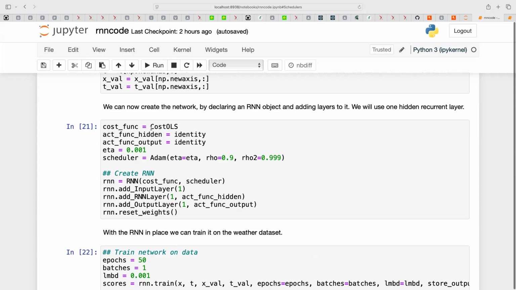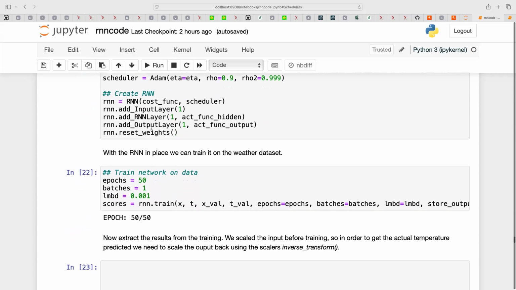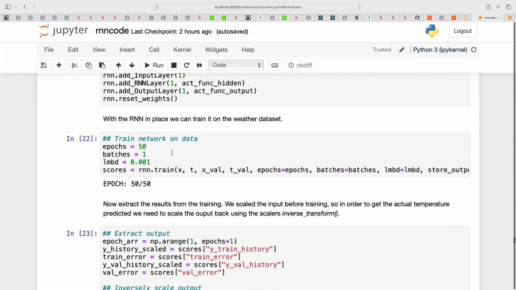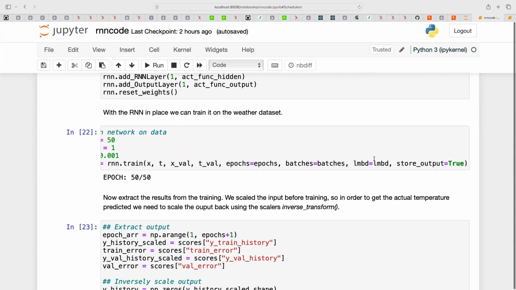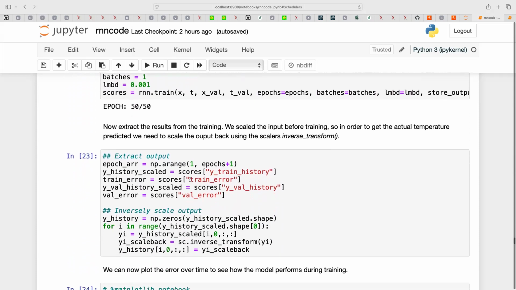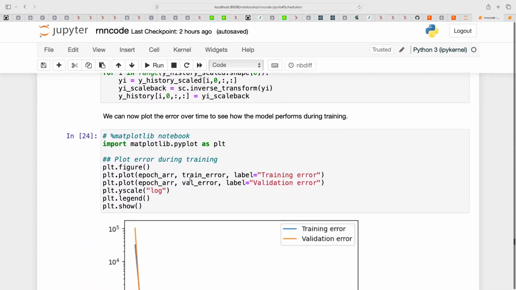Then you train the network on the data: the input data, the time steps, the validation sets, number of epochs, number of batches, and then the lambda parameter, which we just set. In this case we only have a lambda, so it has the possibility to do a lambda training. I forgot that, sorry. And then we extract the output.